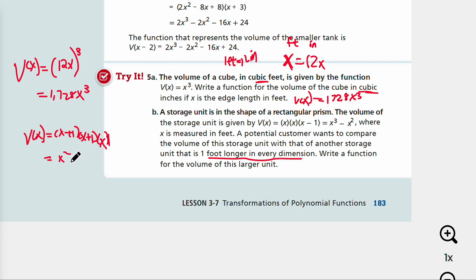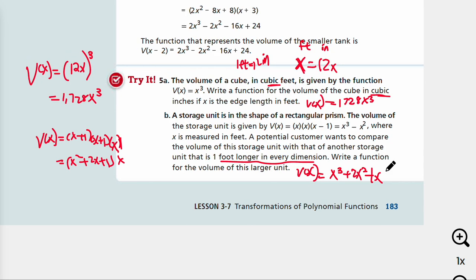So x squared plus 2x plus 1 times x would give you the final equation, which is x cubed plus 2x squared plus x. Okay, so check your answer, see if you got it right. And yeah, go look back if you didn't get everything right.